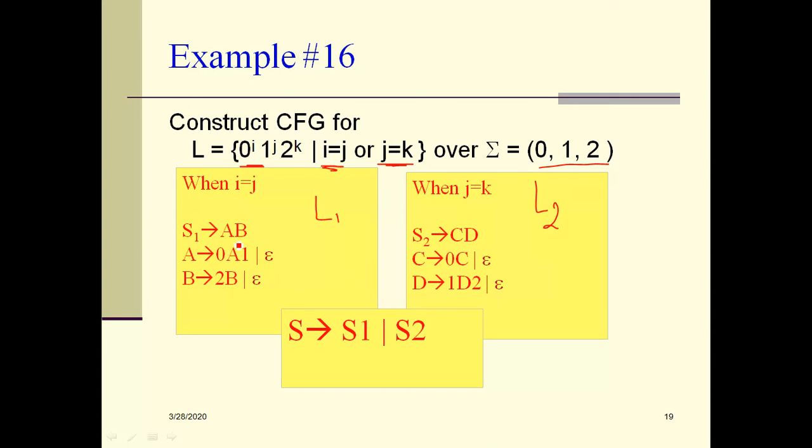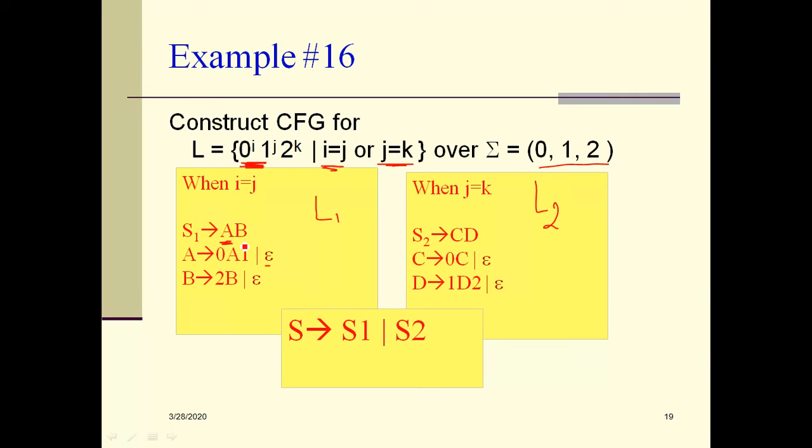Let's suppose S1 derives A B, where capital A derives an equal number of 0s and 1s, because in the first case we have an equal number of 0s and 1s. So this A derives an equal number of 0s and 1s, including the empty string also, right? Because i is equal to j. If no 0 is present, then no 1 is present.